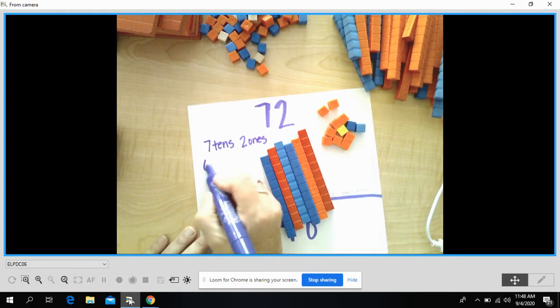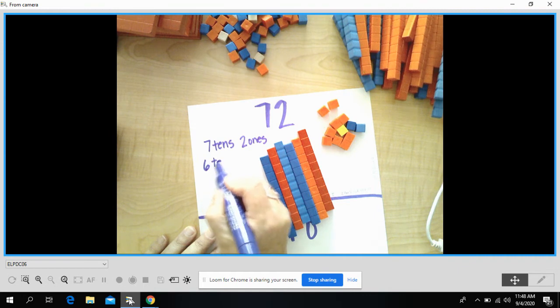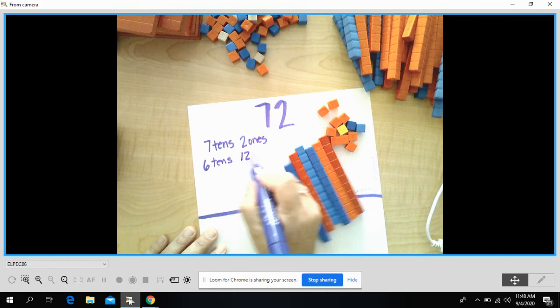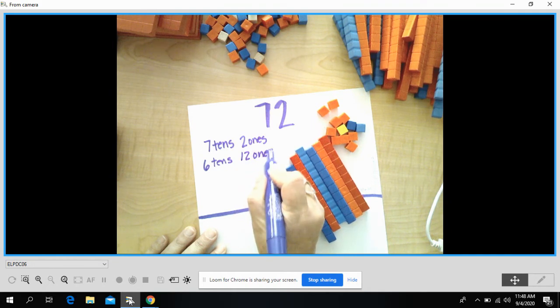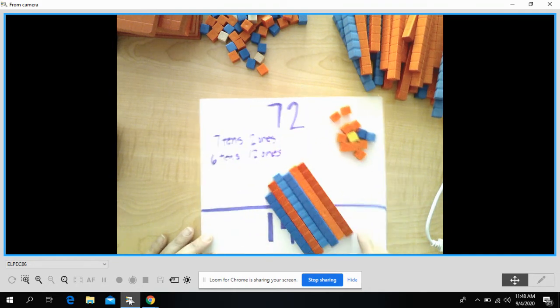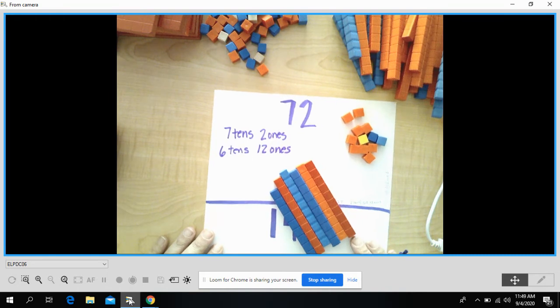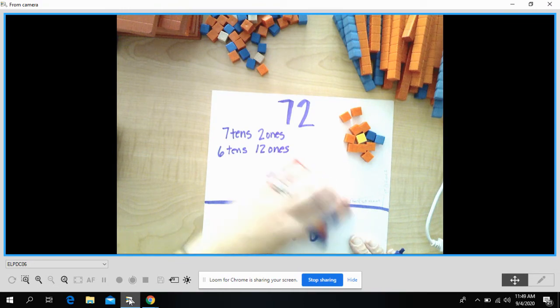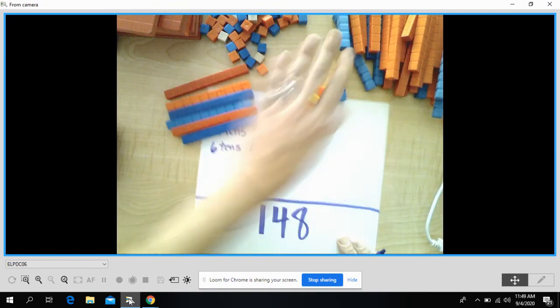We had 6 tens, and 12 ones. That was another way that we made 72. Can we think of one more way? See if you can and practice it at home. The number is 72.